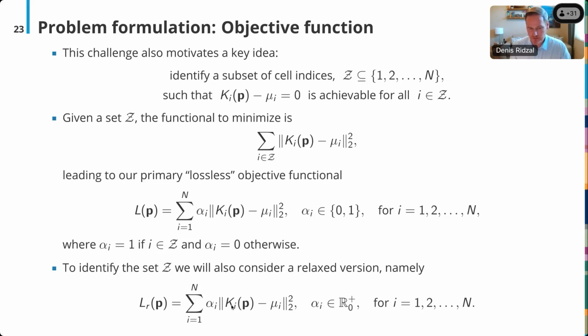So, as a preview, we will do a ranking of cells based on this objective function, and then we'll zoom in on the binary alpha i's and solve this lossless problem.